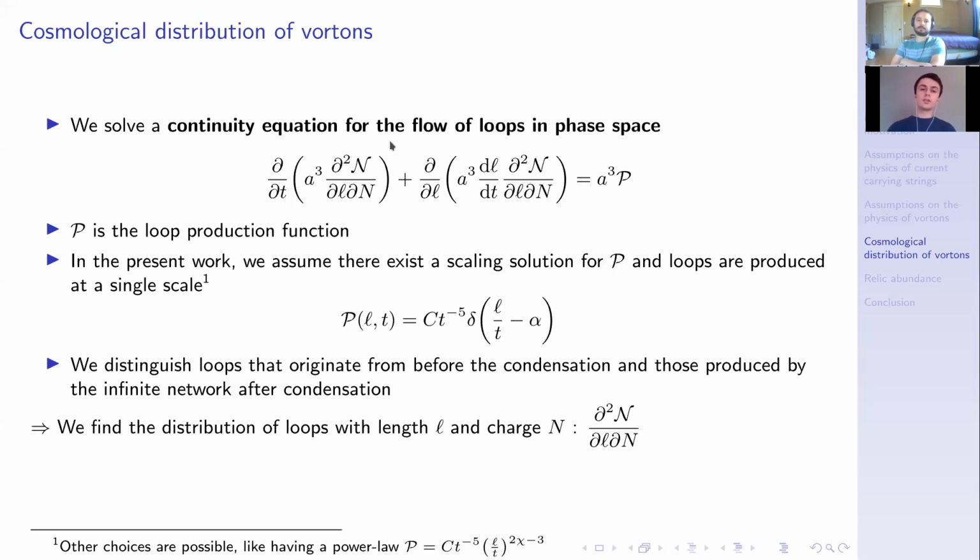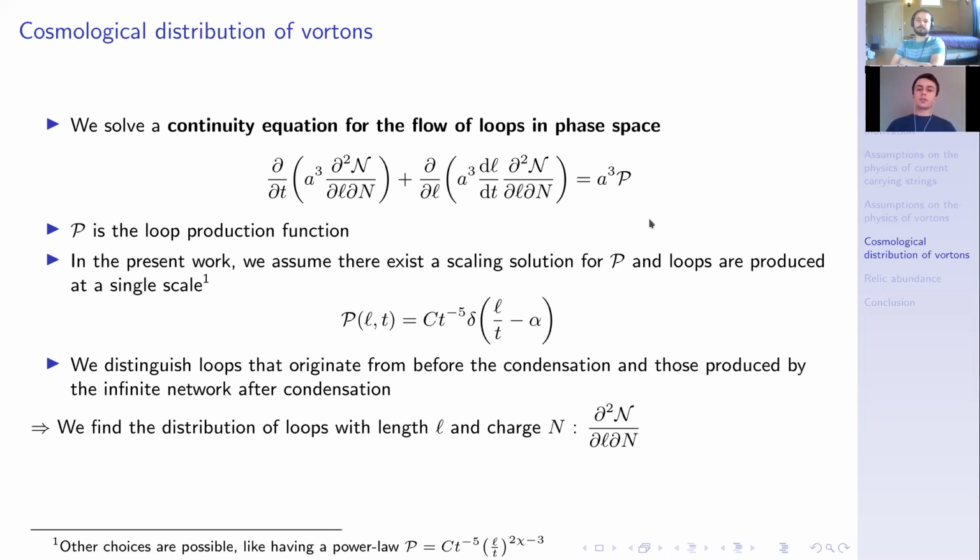On the left-hand side, you have basically a term that says that the flow of loops is conserved. And on the right-hand side, you have a source term. And this source term is given by the infinite loops chopping off the infinite strings, intersecting each other and producing loops. And this gives you this loop production function.